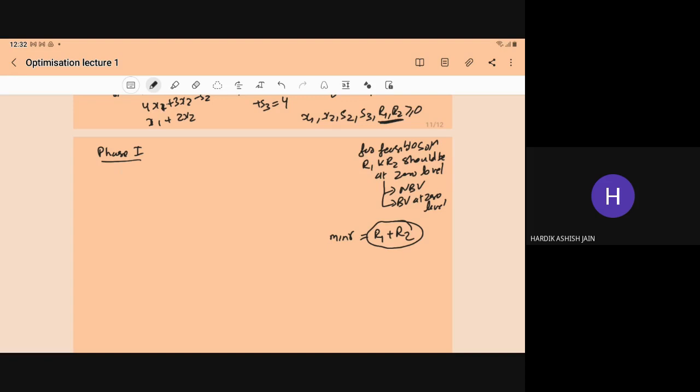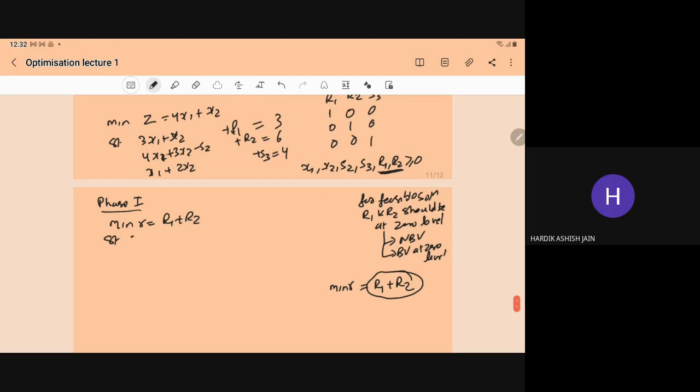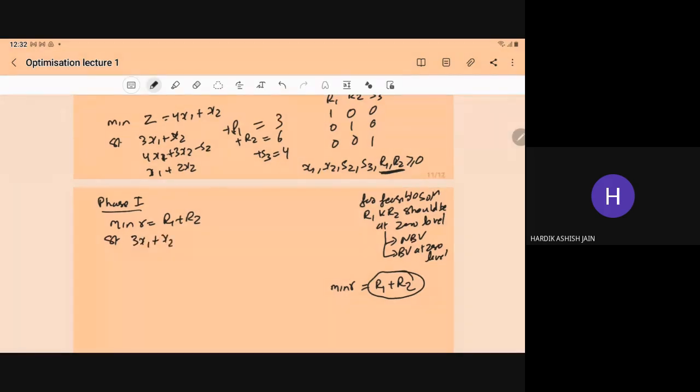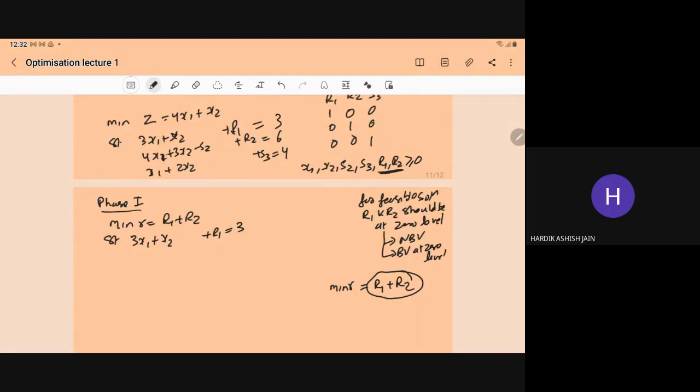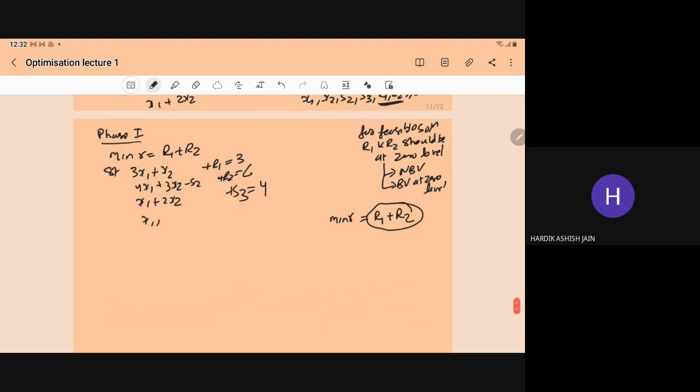So for phase one, the problem will change. Minimize R equals R1 plus R2 subject to 3x1 plus x2 plus R1 equals 3, 4x1 plus 3x2 minus s2 plus R2 equals 6, x1 plus 2x2 plus s3 equals 4, and x1, x2, s2, R1, R2, s3 greater than or equal to 0.